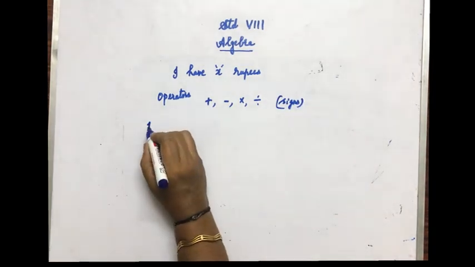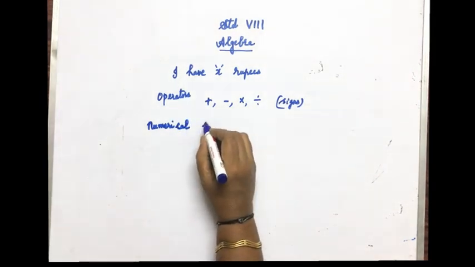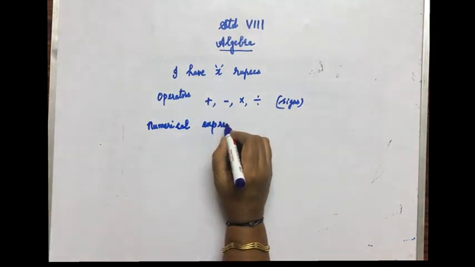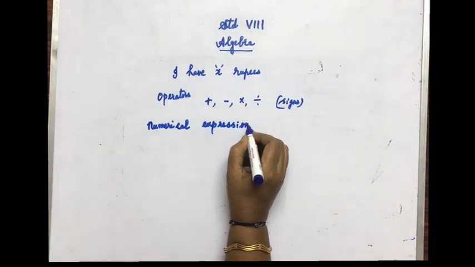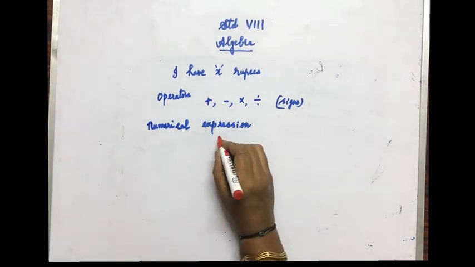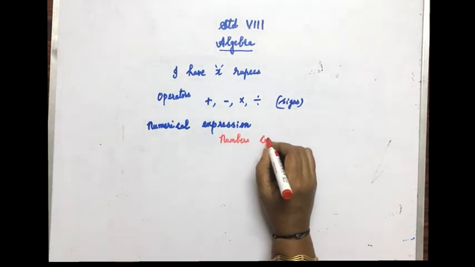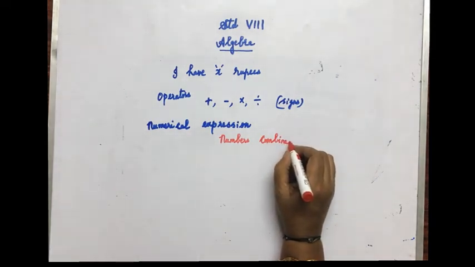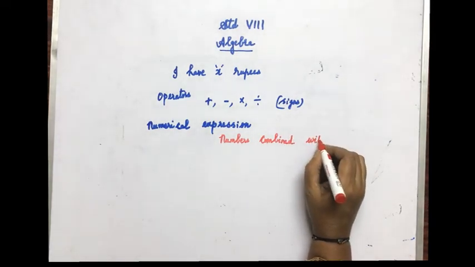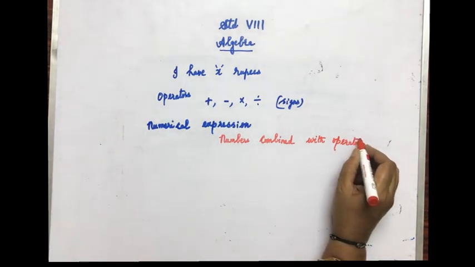Now next we are going to see numerical expression. Numbers connected with or combined with operators are called a numerical expression.